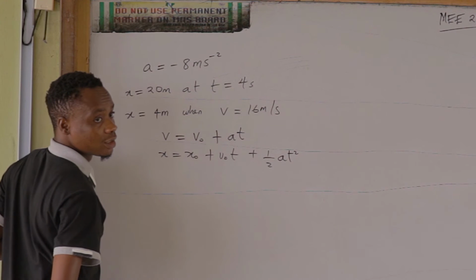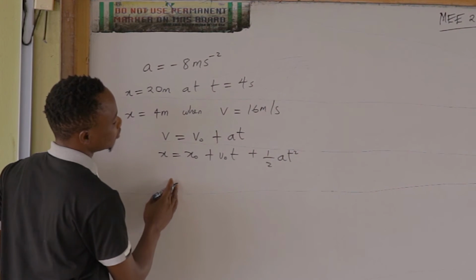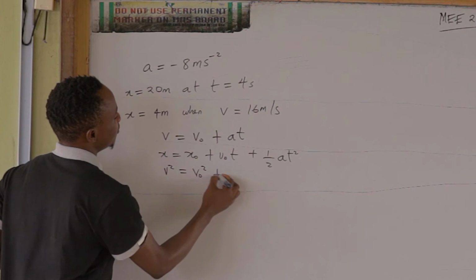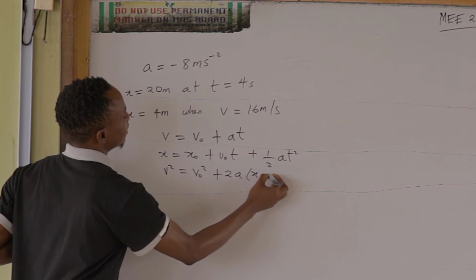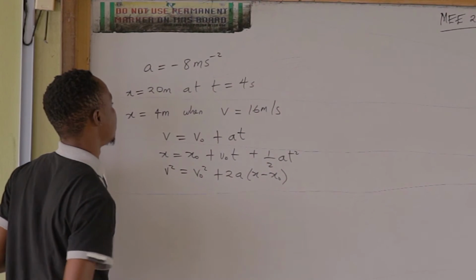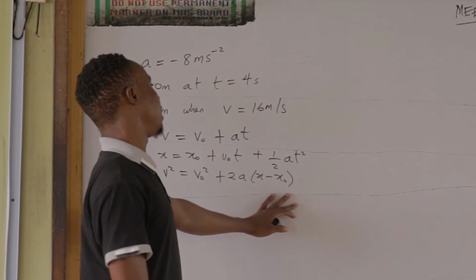Can you remember this? And what's the third one? V squared is equal to V naught squared plus 2A into X minus X naught. So I have all these relations, and with this I might be able to get any one of them that I want.